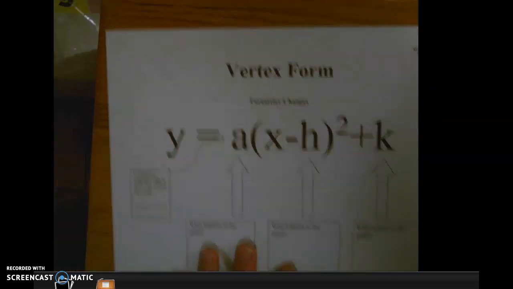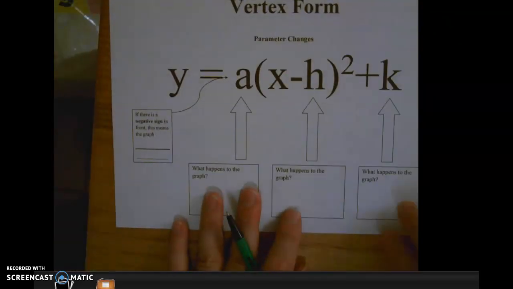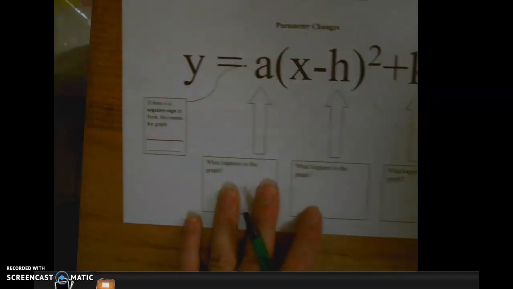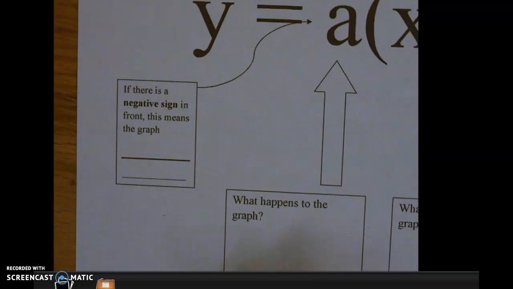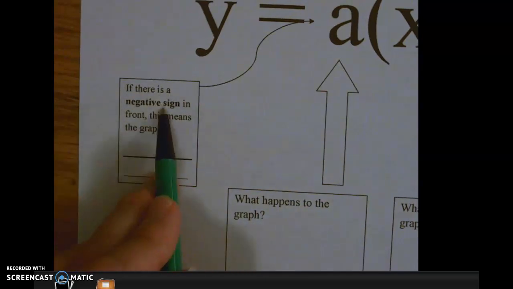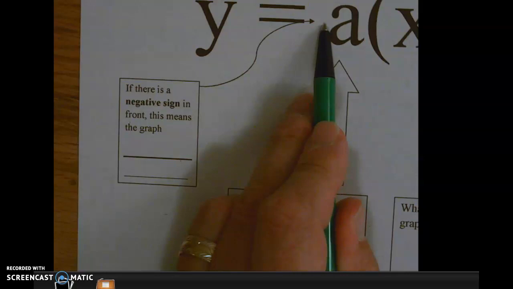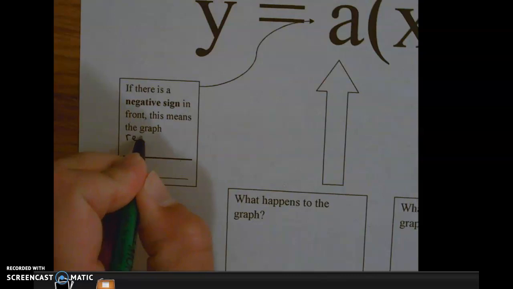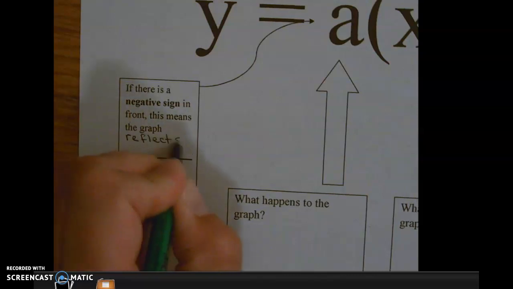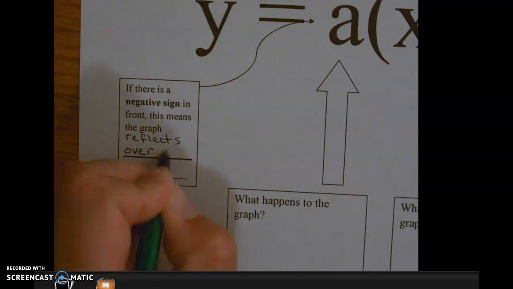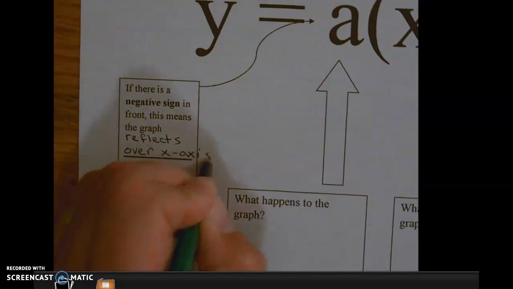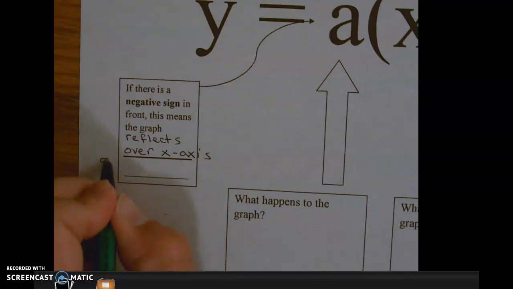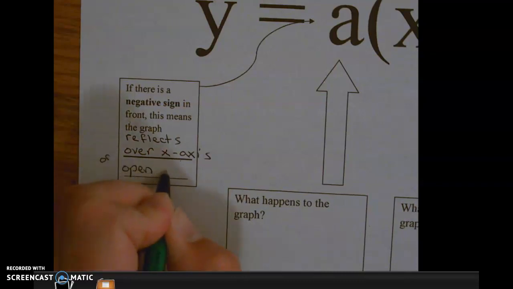So now, let's talk about this, since we do have some time. Let's talk about vertex form. If there is a negative sign in front, this means the graph reflects over the x-axis, or you could say opens down.